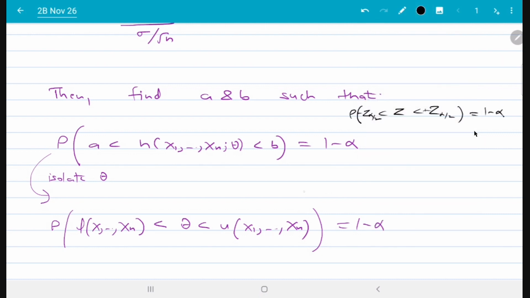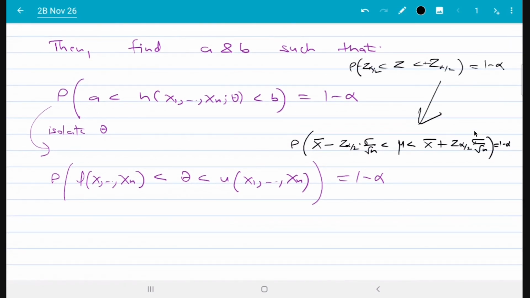So we did this: probability of X bar minus z alpha by 2 sigma root n less than mu less than X bar plus z alpha by 2 sigma root n is equal to 1 minus alpha. What is written in black is specific to the parameter population mu that we had done in the last class, but what is written in this other color is the general description of the exercise that we have to do.